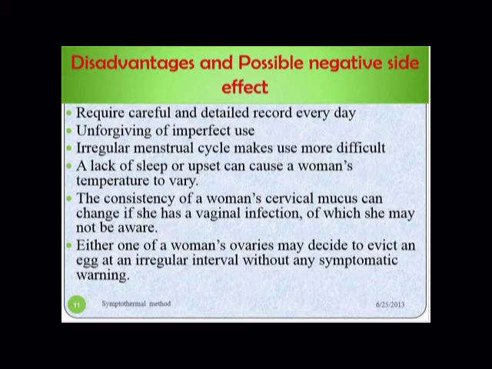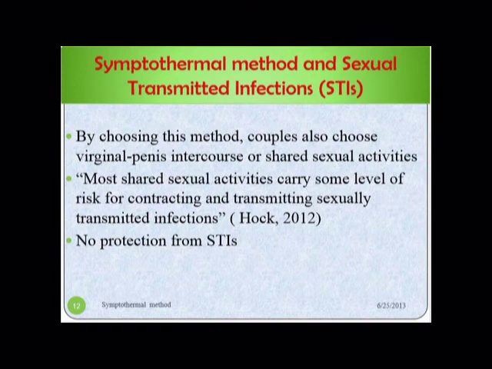Either one of the ovaries may decide to release an egg at an irregular interval without any symptoms. The method is high risk in terms of STIs. By choosing this method, couples also choose shared sexual activities. But according to Hart, most shared sexual activities carry some level of risk.